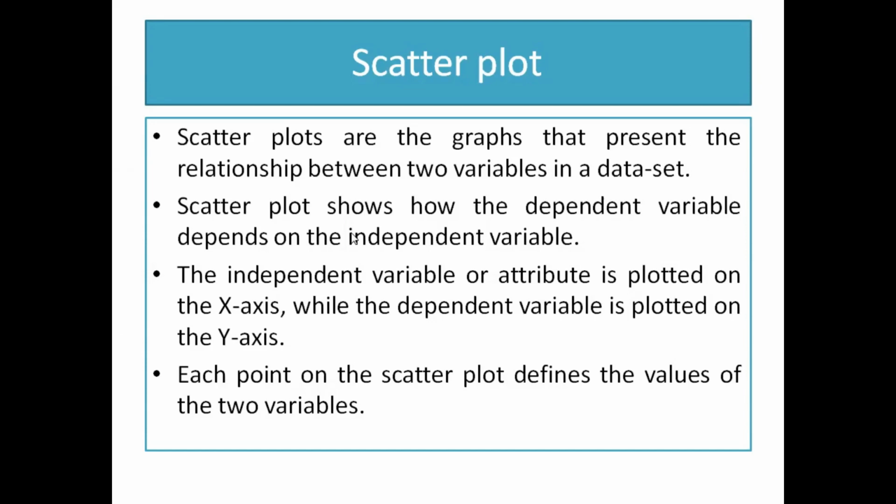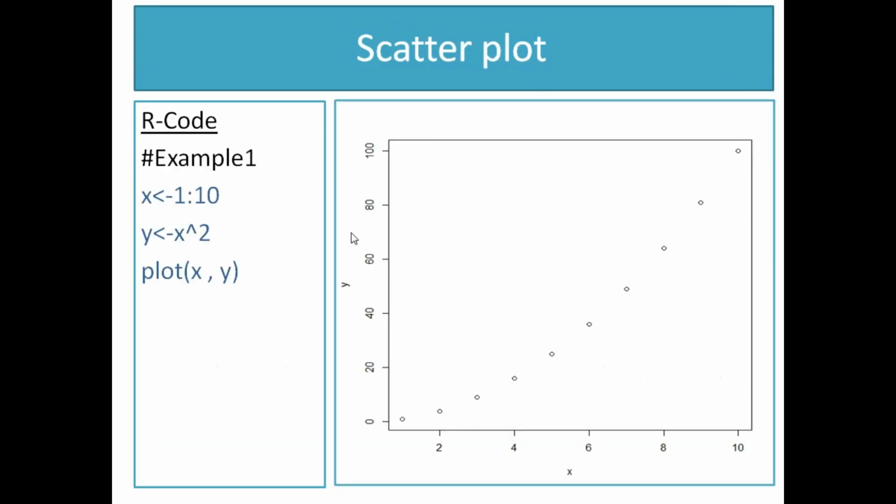And each point on the scatter plot defines the values of the two variables. So this is the scatter plot where x is a vector which takes 1 to 10 and y is x square. So here the value of y is dependent on the value of x. We are trying to draw the relationship between x and y using this simple scatter plot.